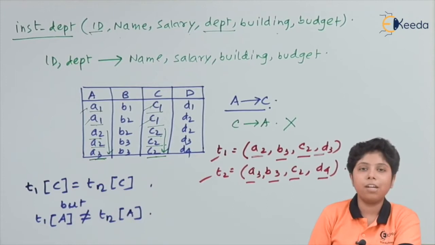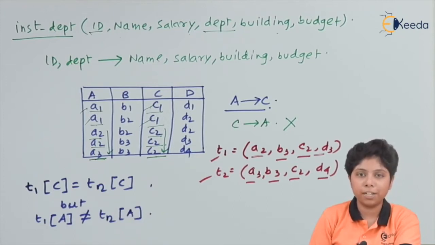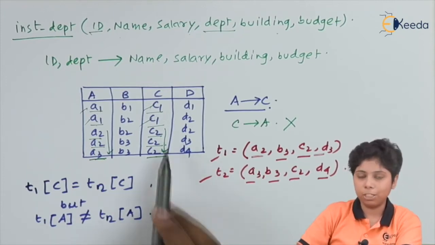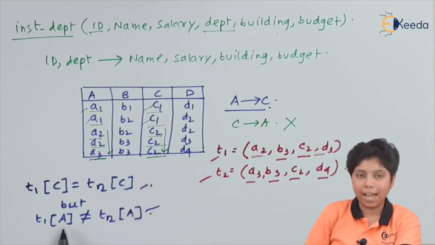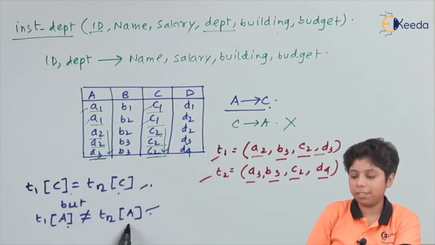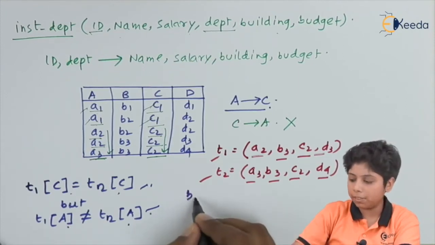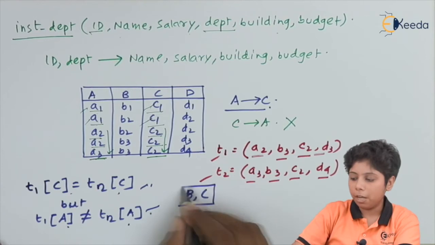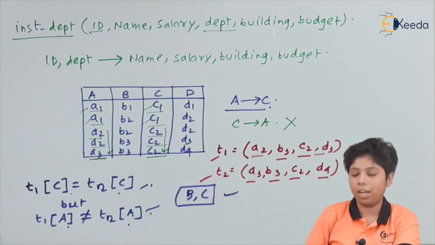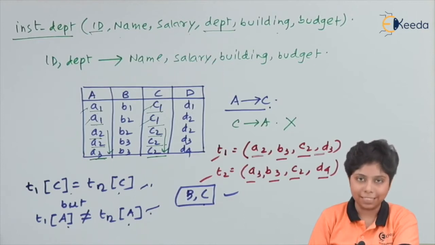So now A comma C cannot be a super key of this relation, because two tuples have the same C value but different A values. But we can have B comma C as a super key, because it satisfies that for every T1 equal to B, there is T2 equal to C.